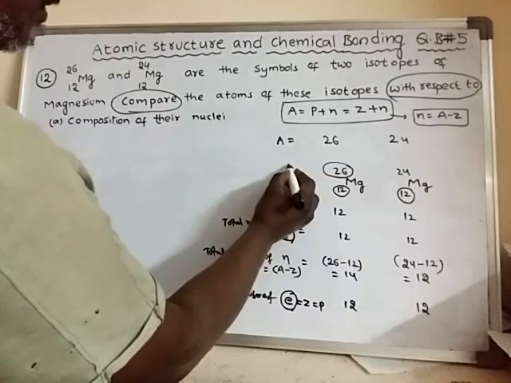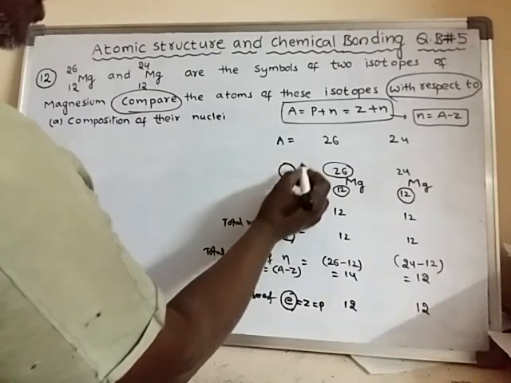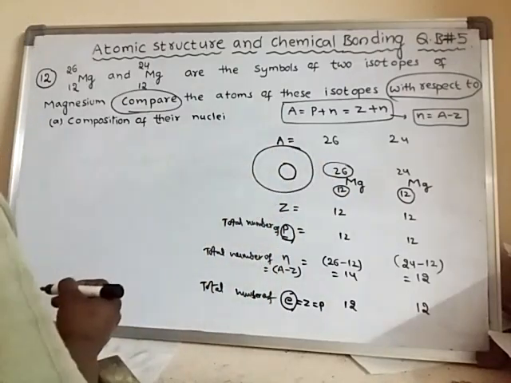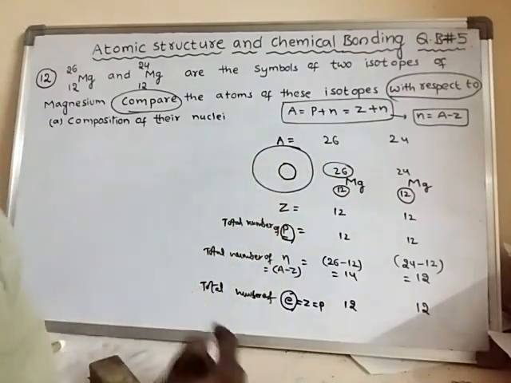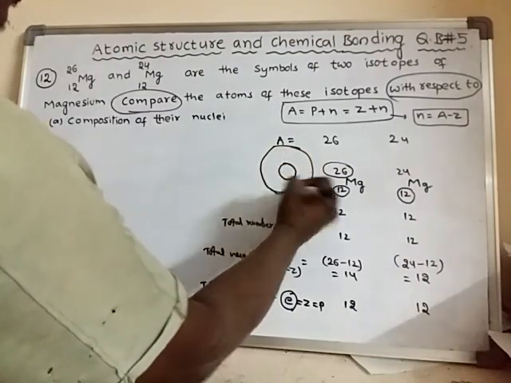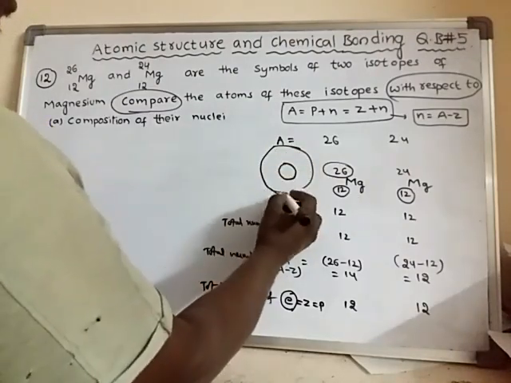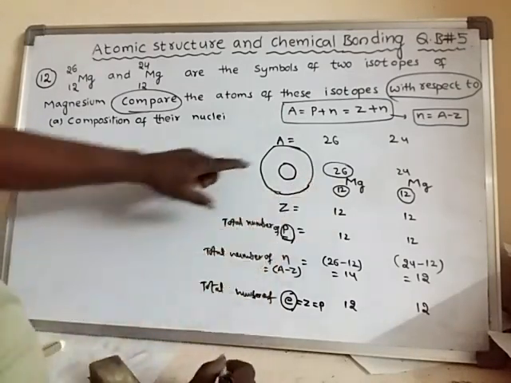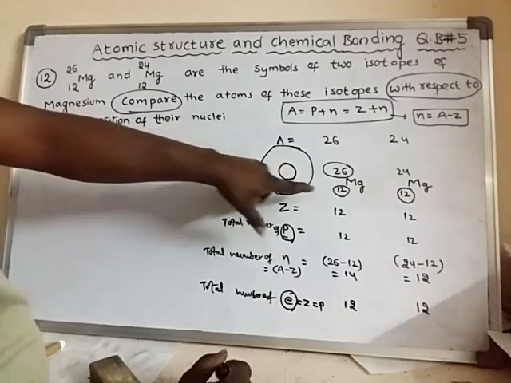This is the nucleus, let us assume, and the entire thing is the atom. In the center you will find the nucleus, just imagine. So this is the nucleus of this atom.